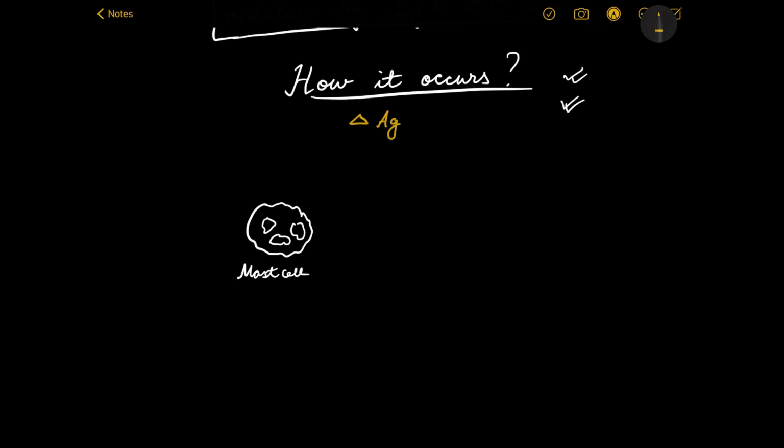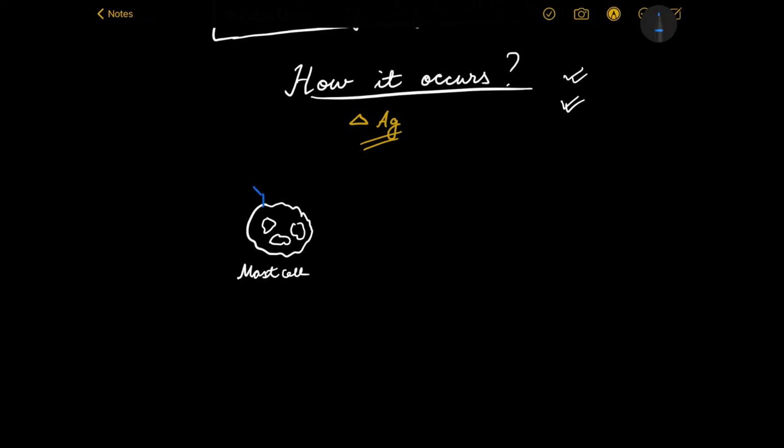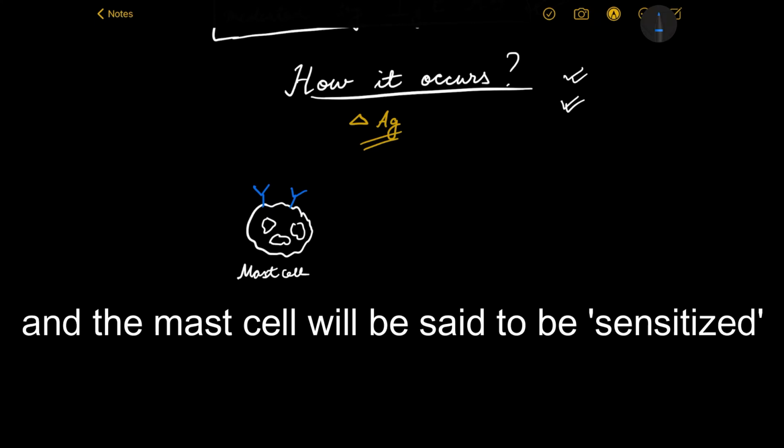Now, when the first time antigen exposure is happening, these mast cells actually have IgE antibodies. Suppose this is an IgE antibody. These IgE antibodies, which are produced in response to the antigen, will bind to the mast cell.